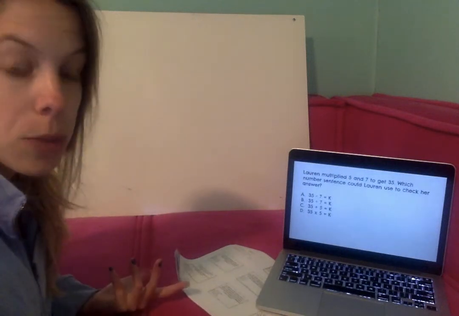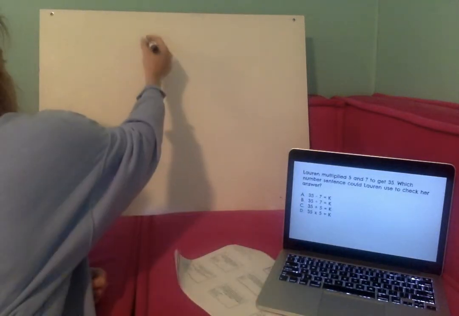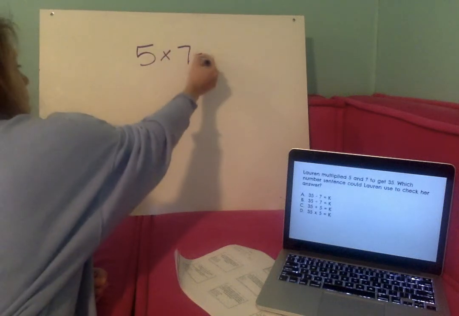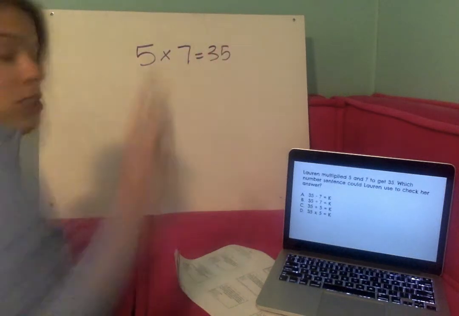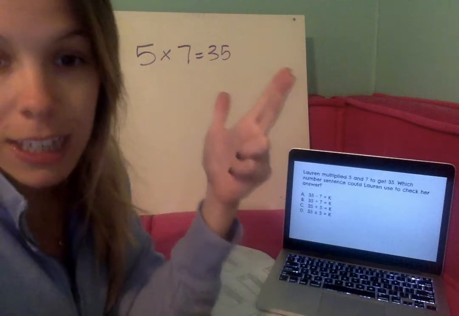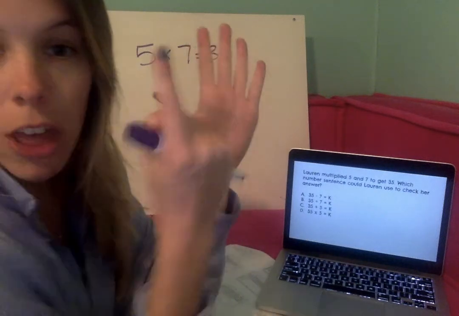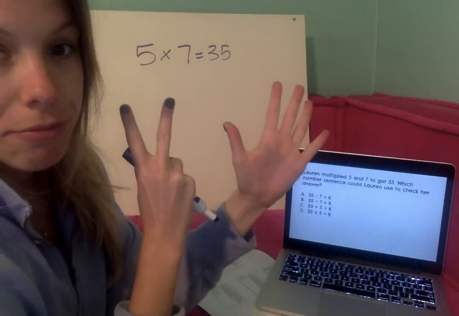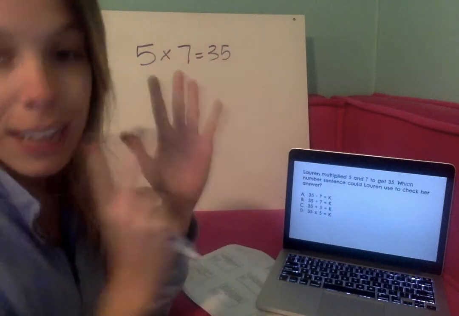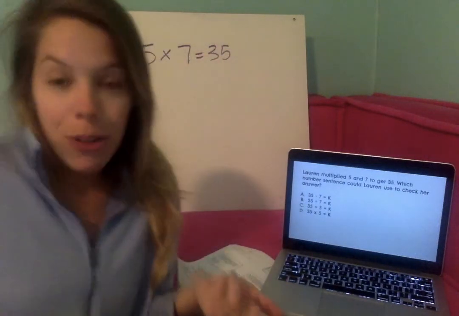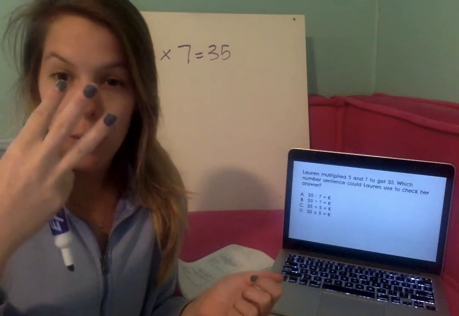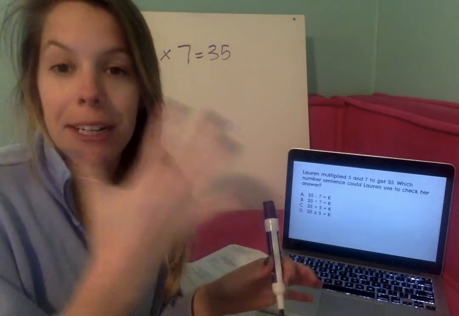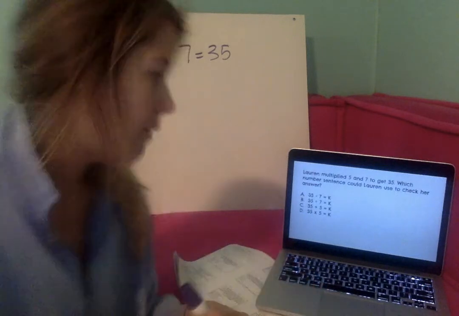So of course, when we see this, we notice that we would do multiplying 5 times 7 to get 35. You can check that by doing 5, 10, 15, 20, 25, 30, 35. That's 7. And we skip count at 5s and gave us 35. Or you could do 7, 14, 21, 28, 35. You skip count your 7s 5 times to get 35.